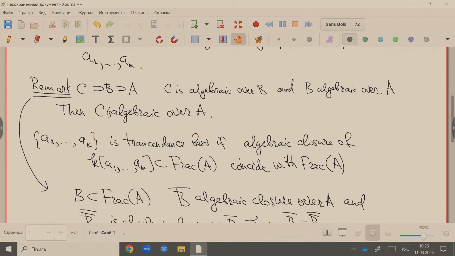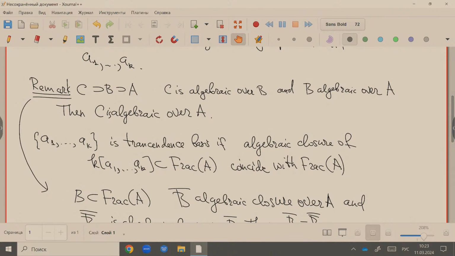Вы берете А, пишите алгебраическое замыкание, это все алгебраические элементы над А, потом еще дважды, это значит вот этот переход.